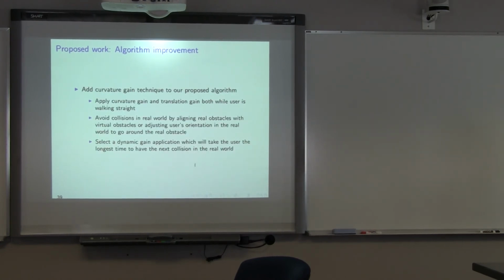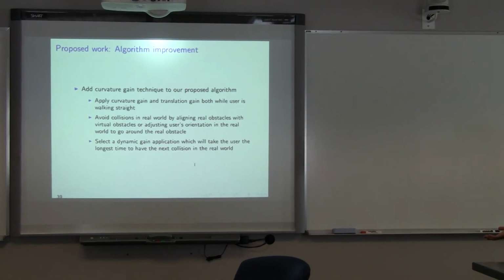Second, I want to add a curvature gain to the currently proposed dynamic translation gain sub-algorithm. When the user is walking straight, we can insert both the curvature gain and the translation gain.